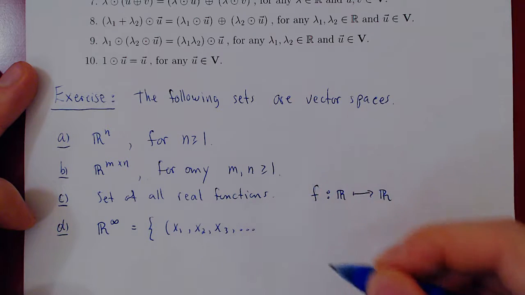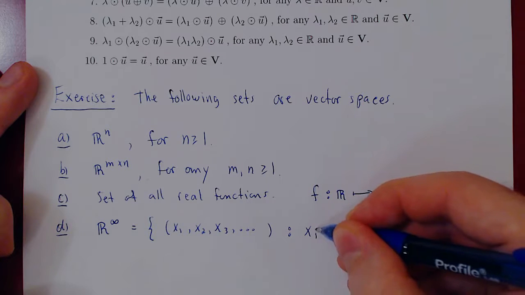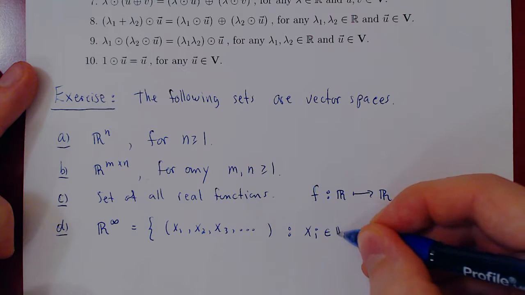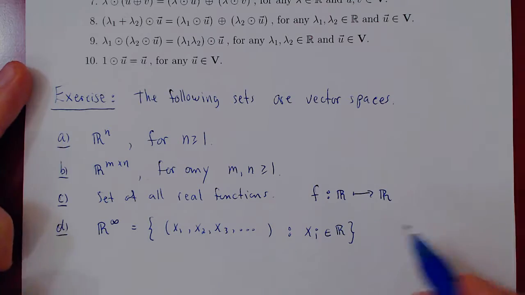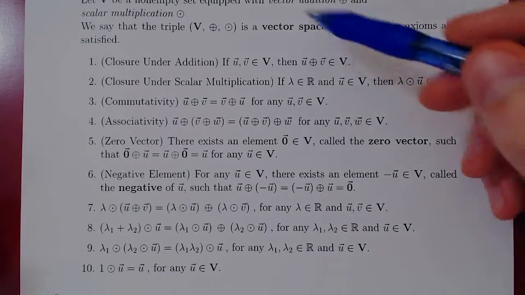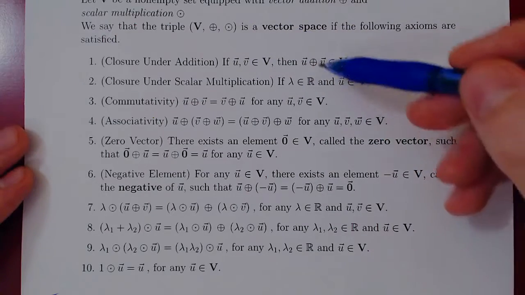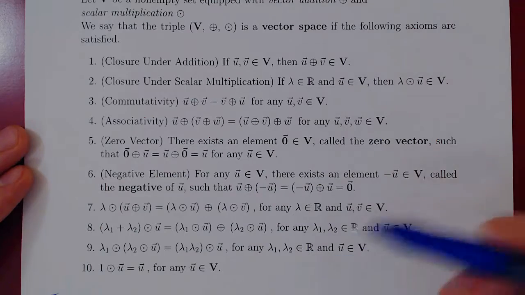We have a sequence, an infinite list of real numbers, where each term is some real number. So the space of all real sequences is also a vector space, right? You can think of basic addition of sequences and scalar multiplication, and all of these 10 axioms hold true, and they're all very easy to check.